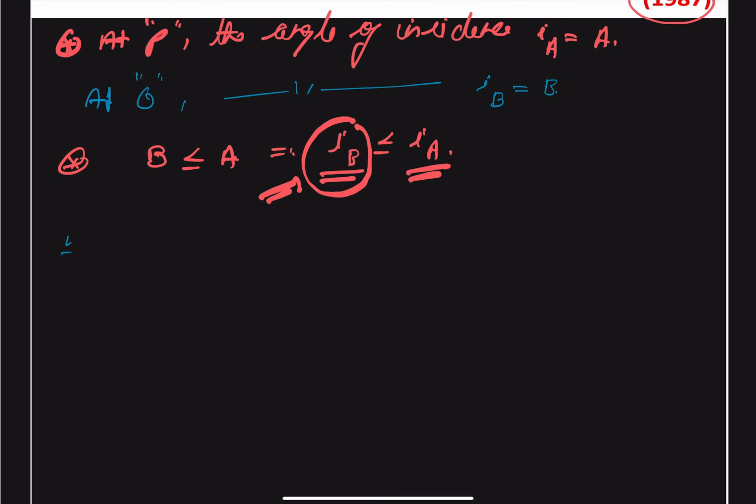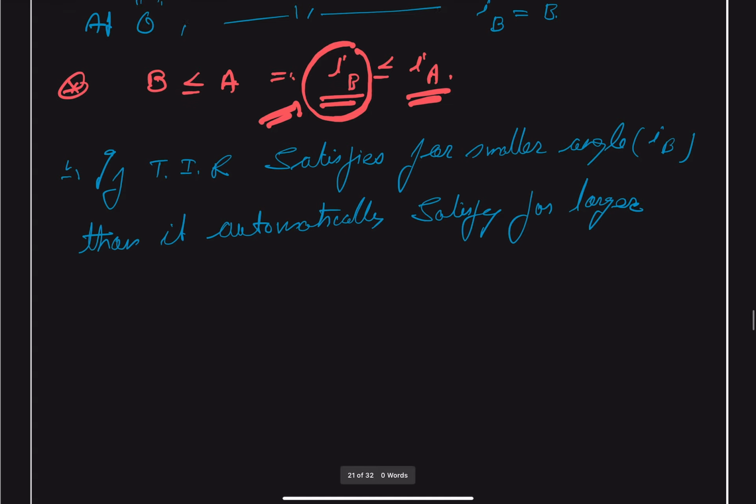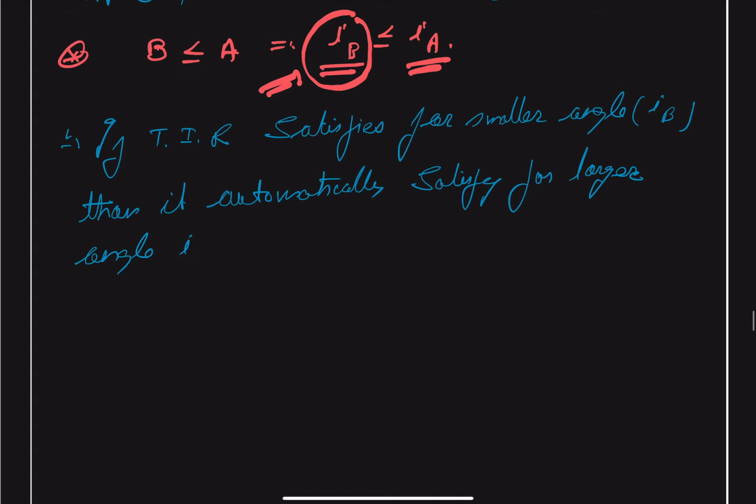So we have to remember this: if total internal reflection is satisfied for the smaller angle, that is our IB, then it is automatically satisfied for the larger angle, which is our IA.